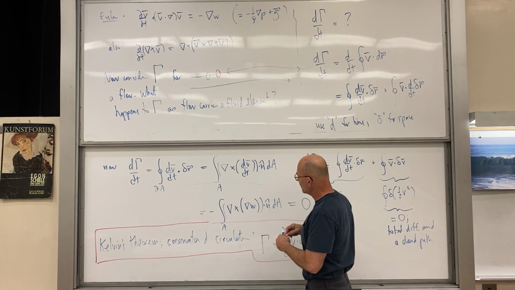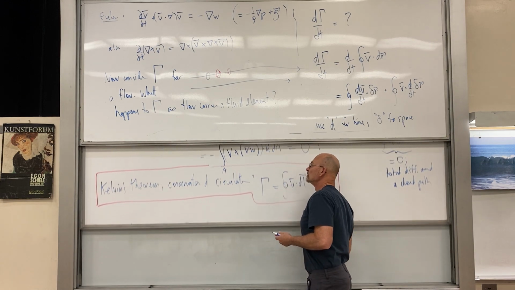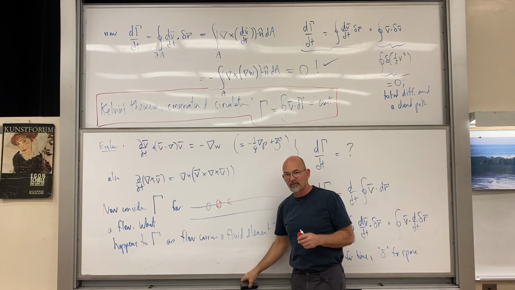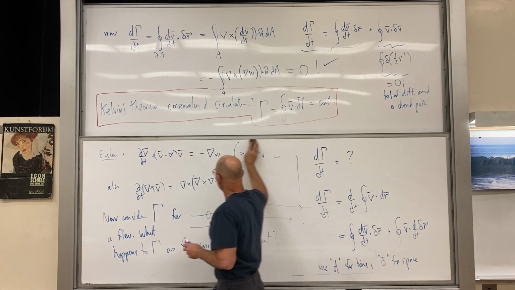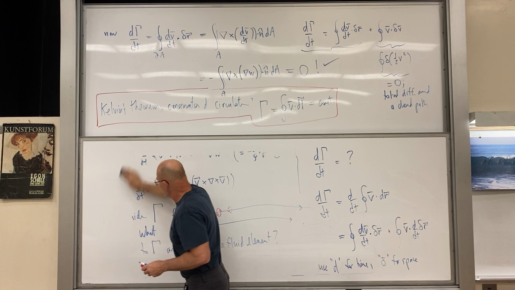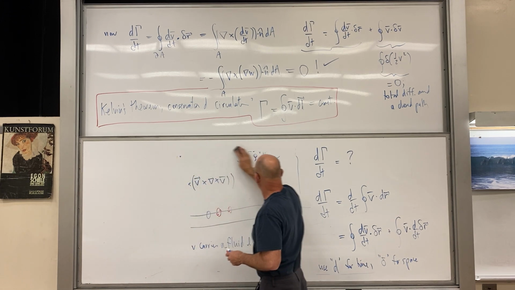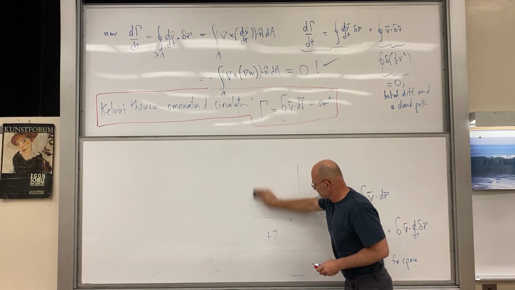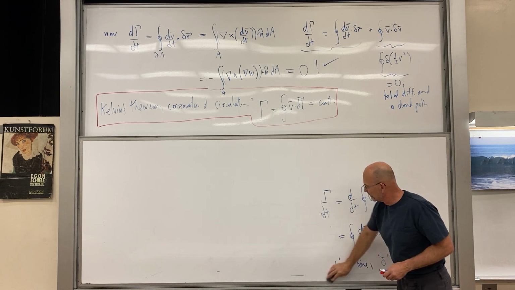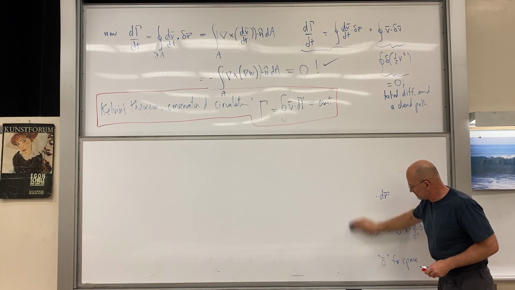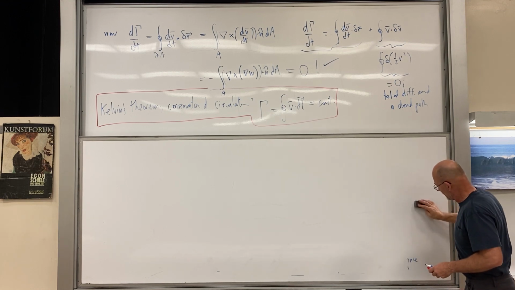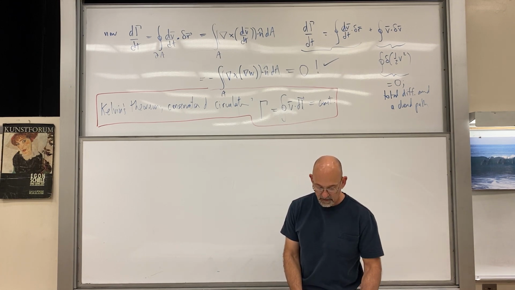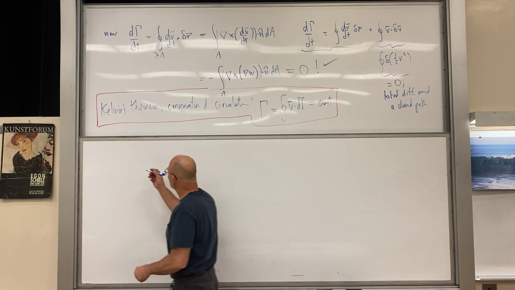Okay. So the first thing we'll do is look at some consequences. And then we become aware of the circumstances under which these statements hold. So we've got Kelvin's theorem, consequences.